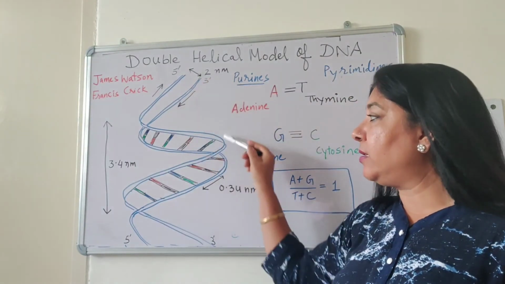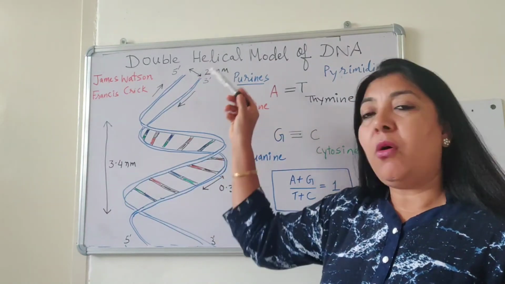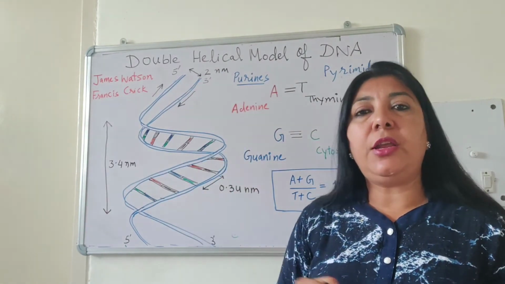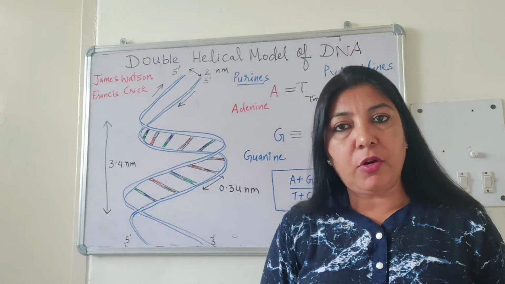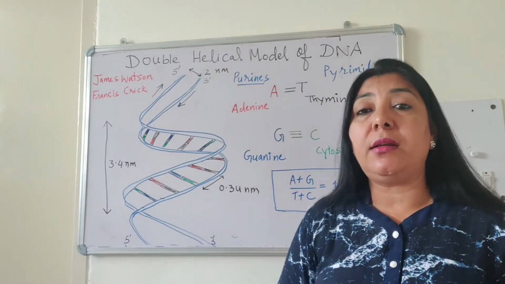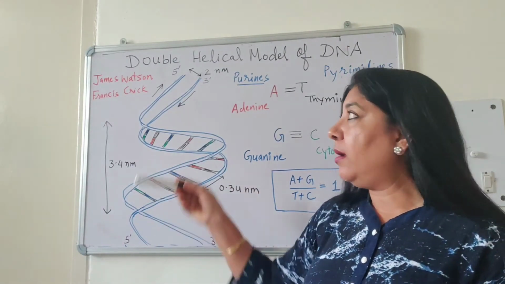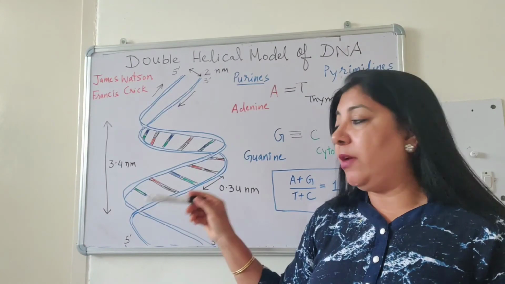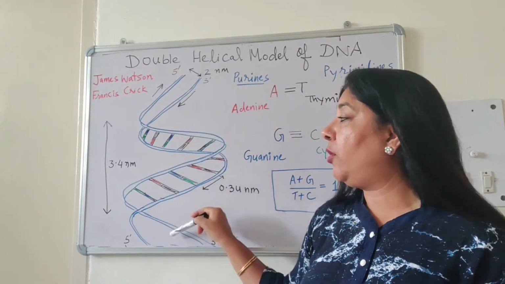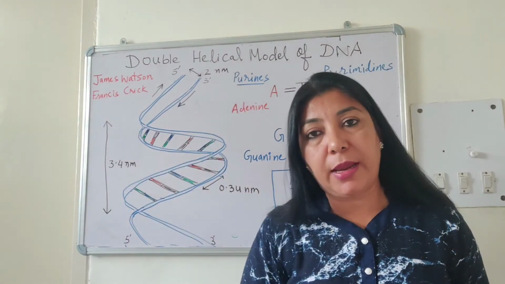So these spirals are two strands showing alternate deoxyribose and phosphate group, which we have already discussed, and they are anti-parallel. What is anti-parallel? They are showing polarity. One chain is showing polarity 3' to 5' and the other is showing 5' to 3'.